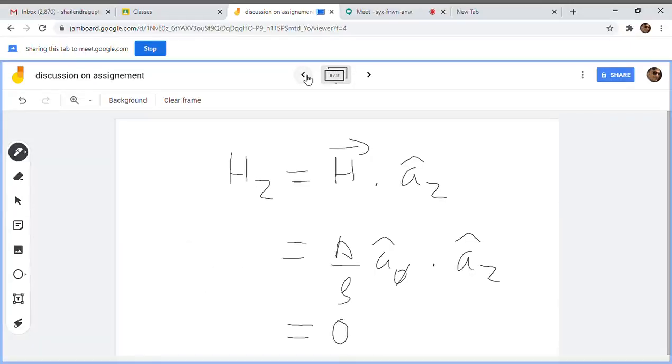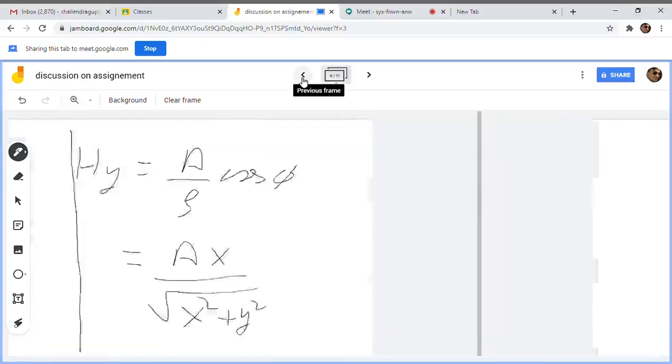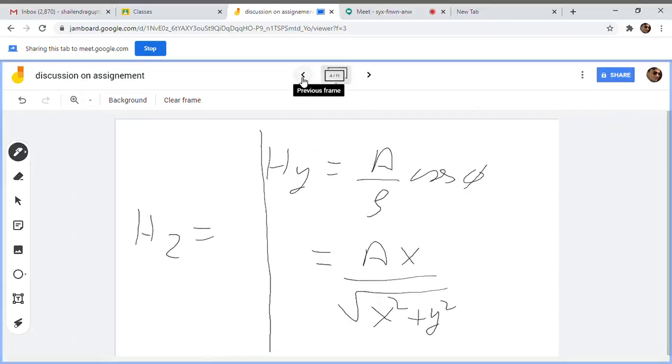Does it look correct? A phi dot az. Let me just have a view. Okay, ay by rho. Rho is under root x square plus y square. And cos phi we have directly written as x only. Cos phi should be x upon under root x square plus y square.